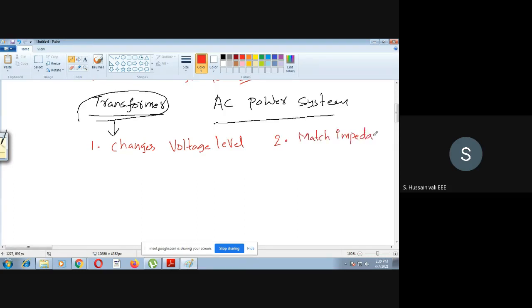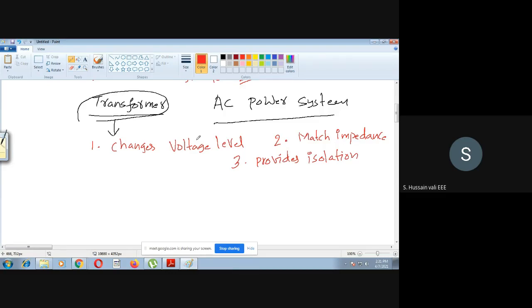I will tell you what is meant by matching impedance. And third thing is that it provides isolation. These are the three main advantages of the transformer.